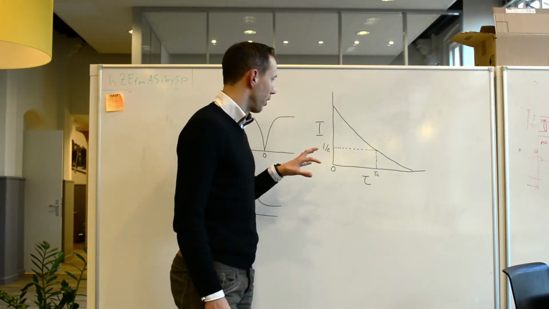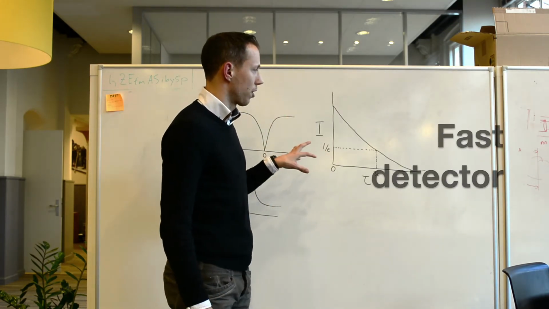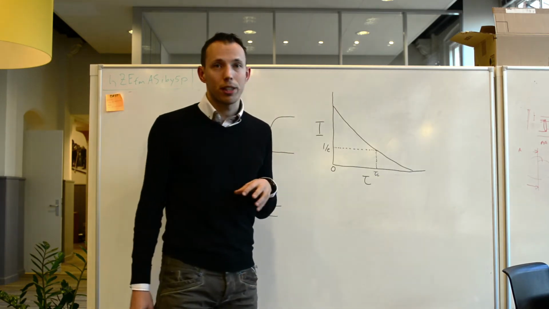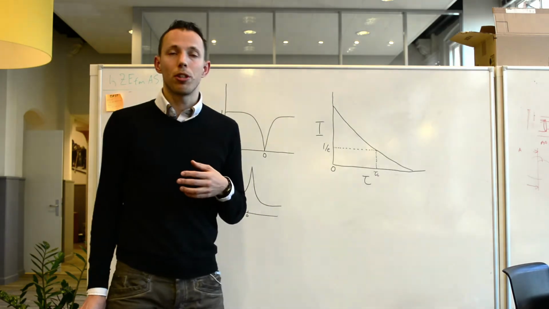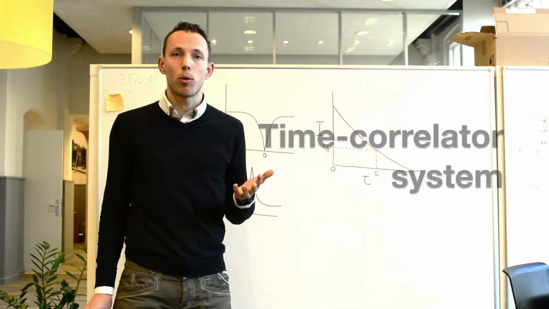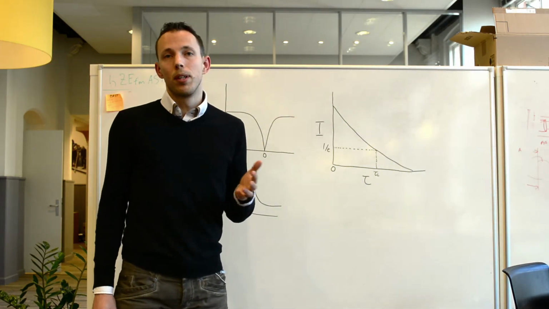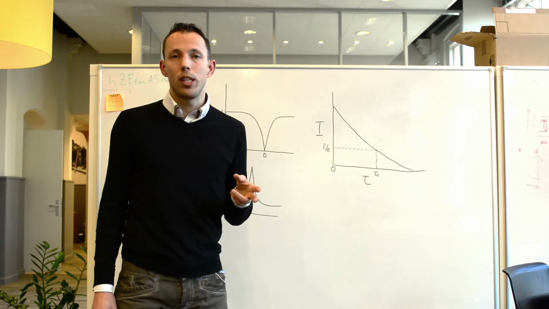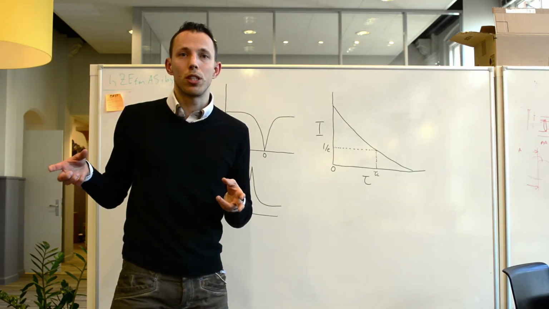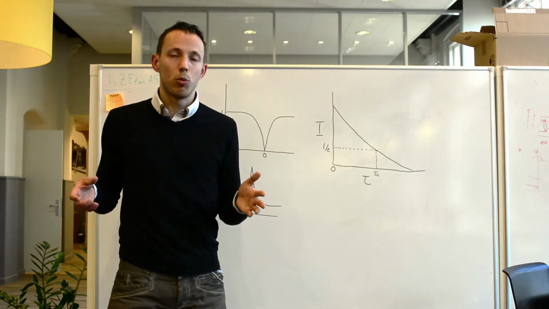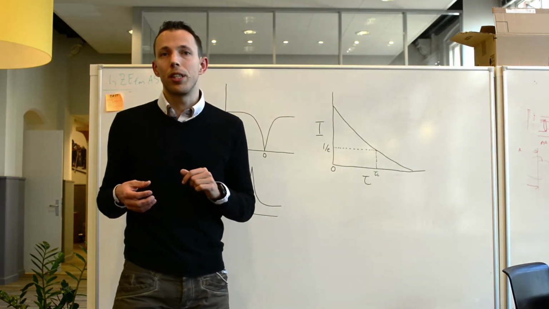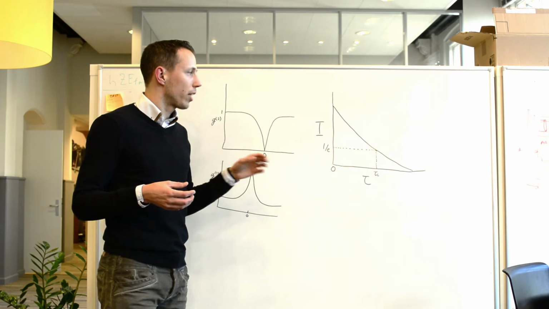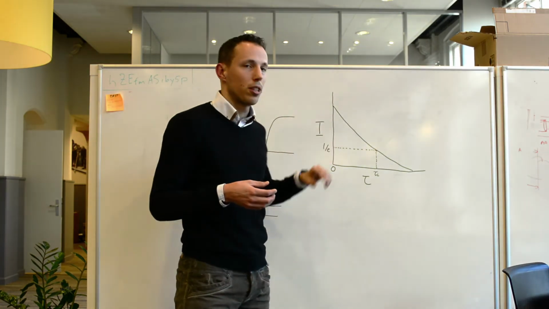For the rest, what you need is a fast detector, such as an avalanche photodiode or a photomultiplier, which is connected to a time correlator system, which records the time at which the photon is detected with respect to a triggering signal, which is also used to trigger the electron microscope. By doing that, you can reconstruct this decay curve.